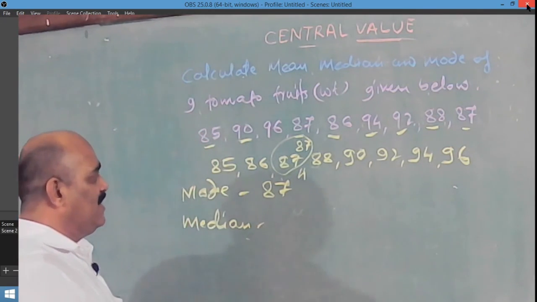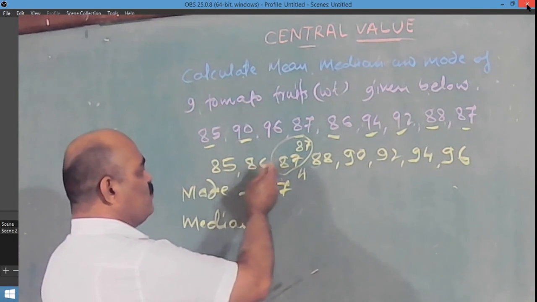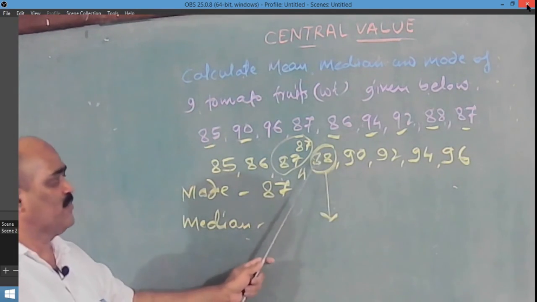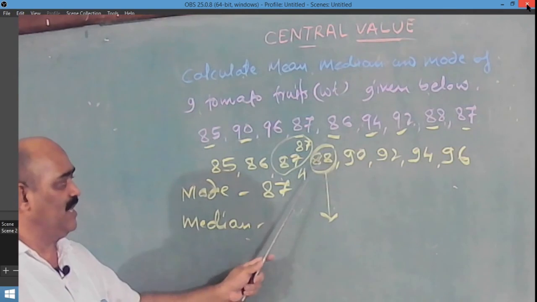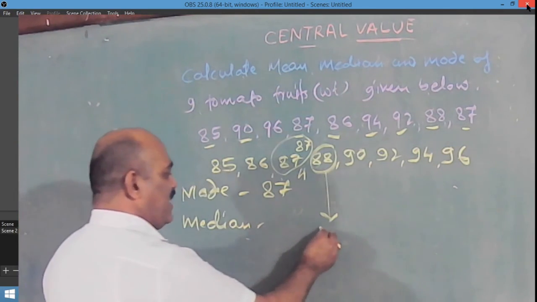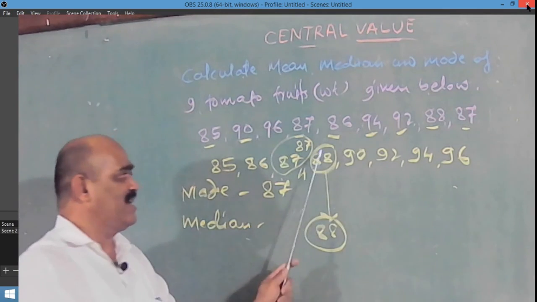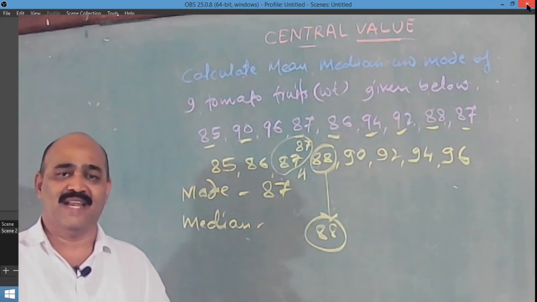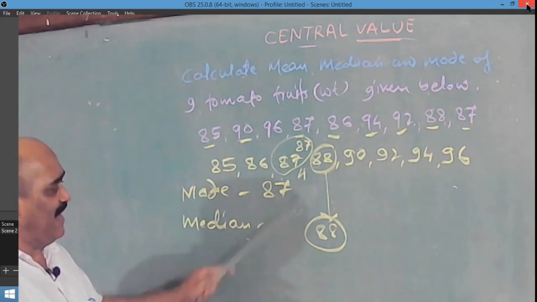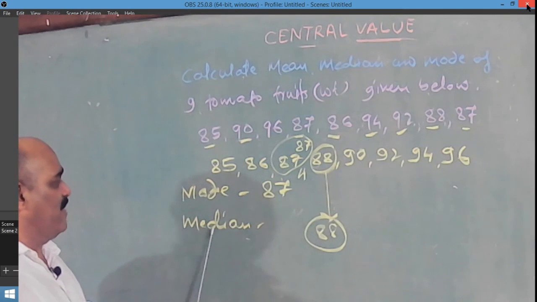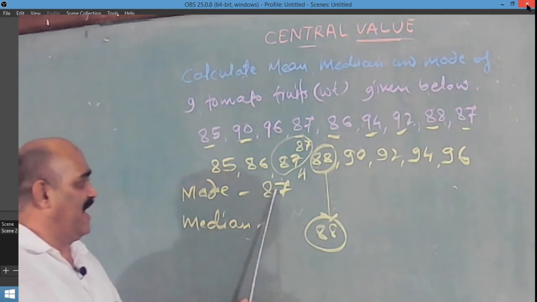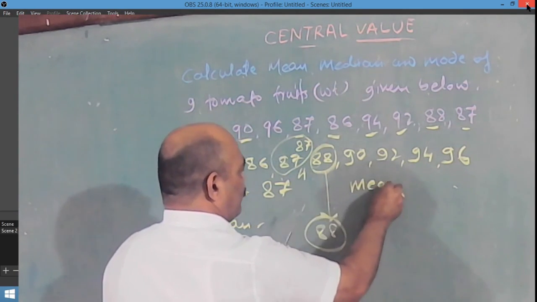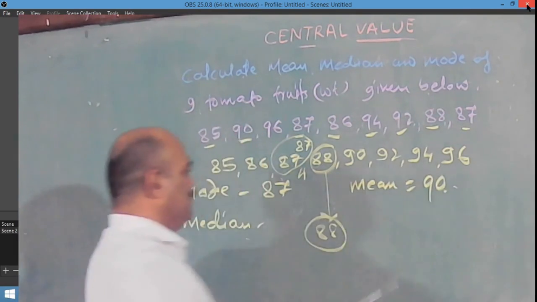Out of 9, the fifth observation, 1, 2, 3, 4, 5, is located in the center of our data after arranging in ascending or descending order. So 88 is the median of our data, mode is 87 and mean is 90.